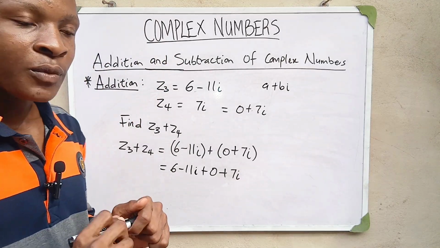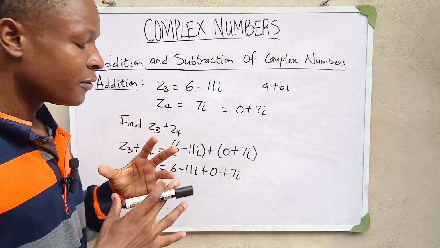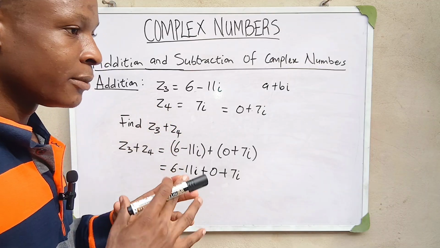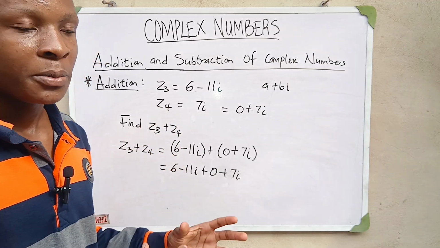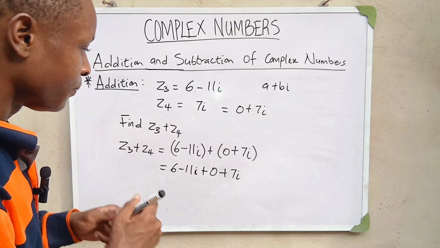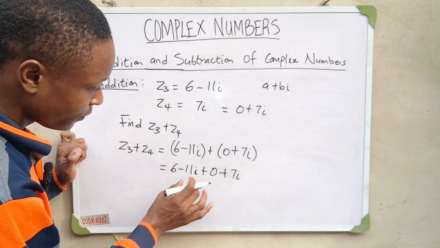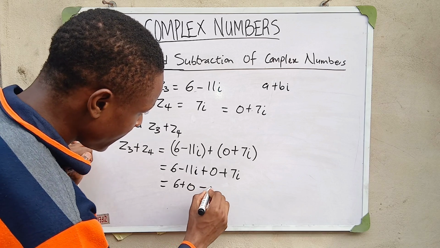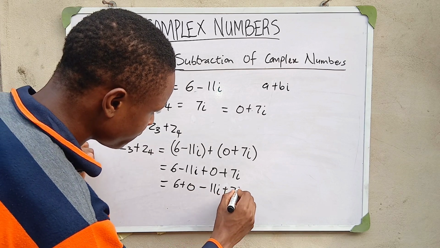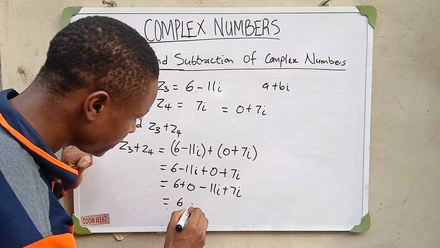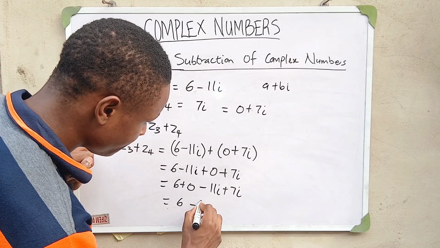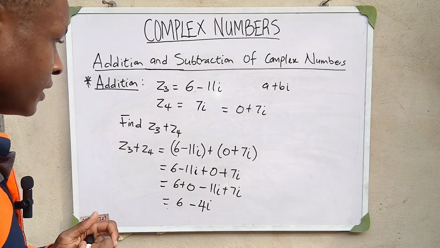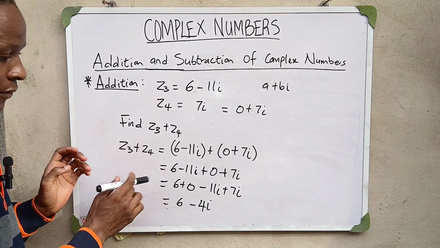Remember, when we are adding complex numbers, we add corresponding real parts and corresponding imaginary parts. So we add this and this, we add this and this. So we have 6 plus 0, minus 11i plus 7i, which is 6 minus 4i. So that is our answer for z3 plus z4.